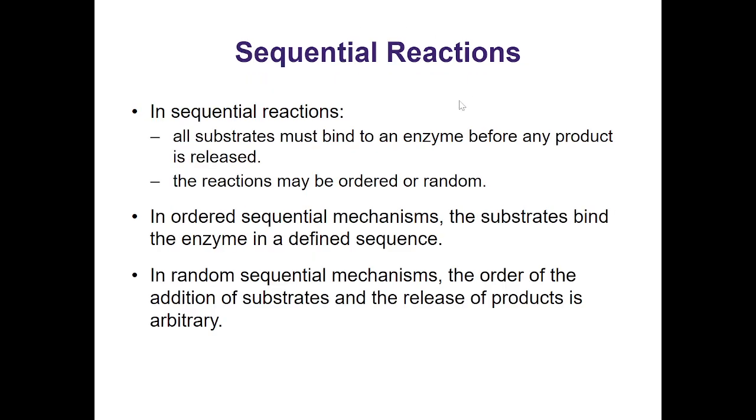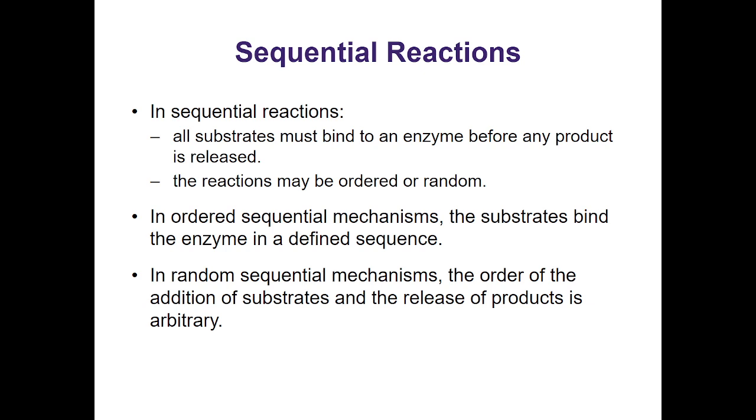So in sequential reactions, all substrates have to bind to an enzyme before any product is released. So you have to bind one, bind the other, then you can get product. Okay. These reactions may be ordered or random. So it could require substrate 1 to bind, then substrate 2, then you get product. Or it could be I bind whichever one comes first.